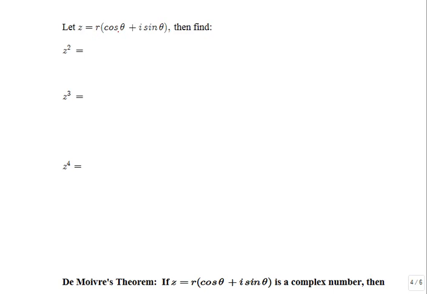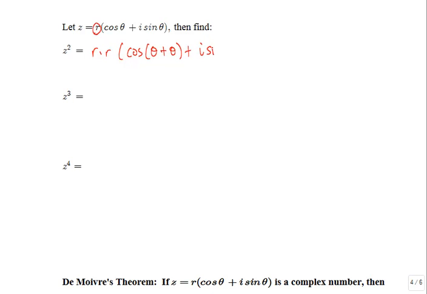And according to our product formula that we just came up with, that would mean to take the r times the other r, which if we're multiplying z by itself, they're both r, so r times r, and then inside you would be adding the two angles together. So this angle is theta, and if we're multiplying it by itself, then we're adding theta to itself as well.